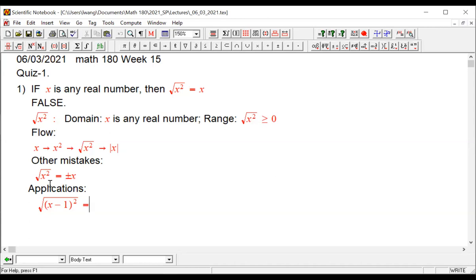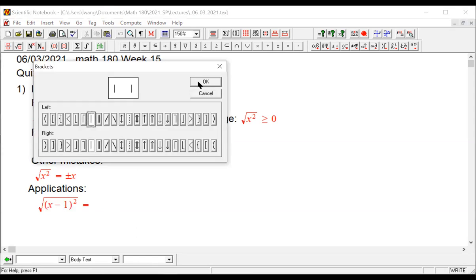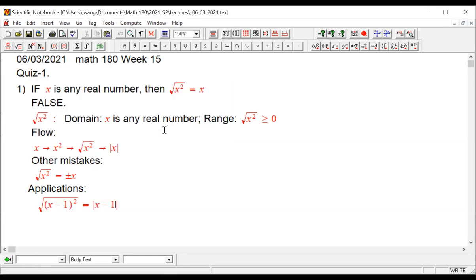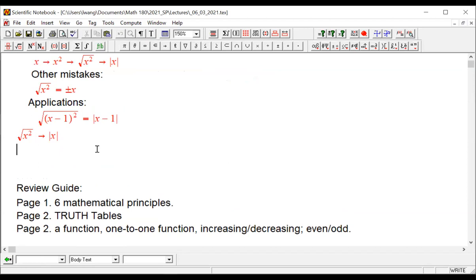The x here turns into a placeholder, and that placeholder is x minus 1. What would that be equal to? That's going to be the absolute value of x minus 1. So if you string these together, the square root of x squared is equal to the absolute value of x.